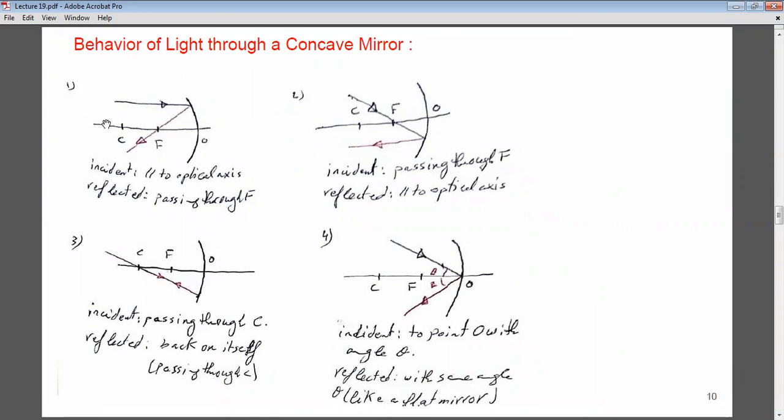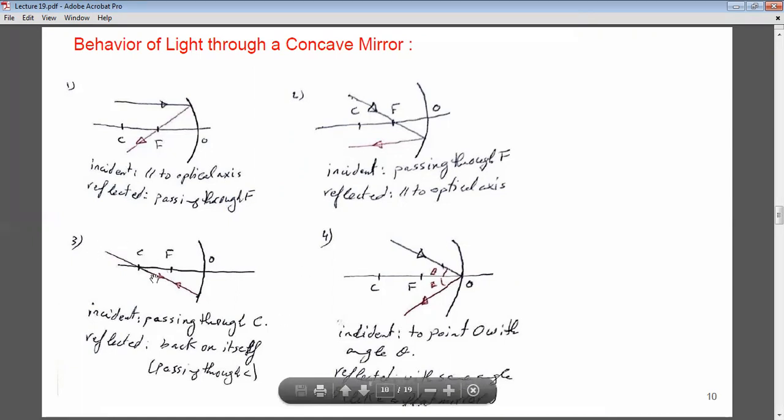The first case: if the incident ray is parallel to the optical axis CO, then it will be reflected passing through F. If it is passing through F, it will be reflected parallel to the optical axis. So these 2 cases are opposite to each other.